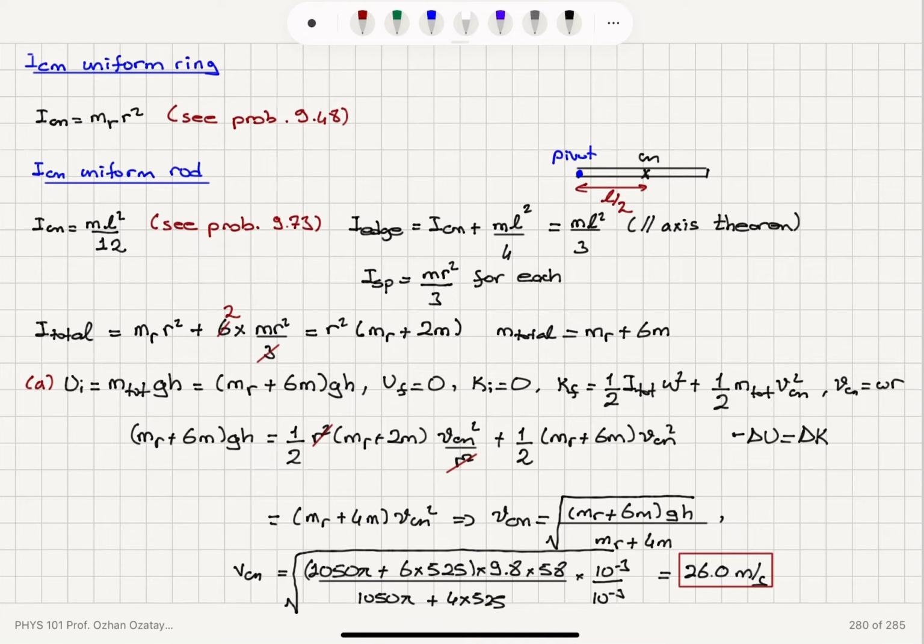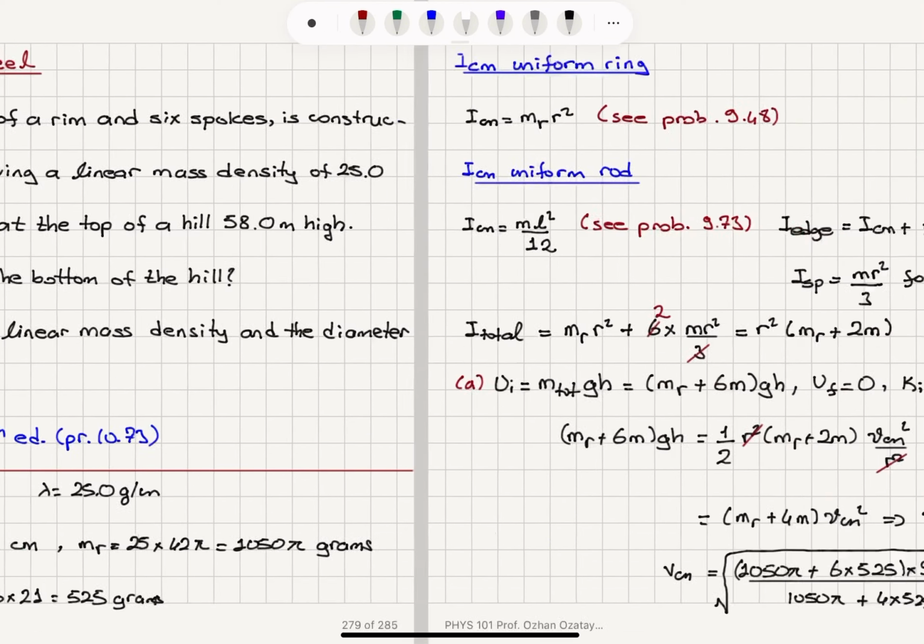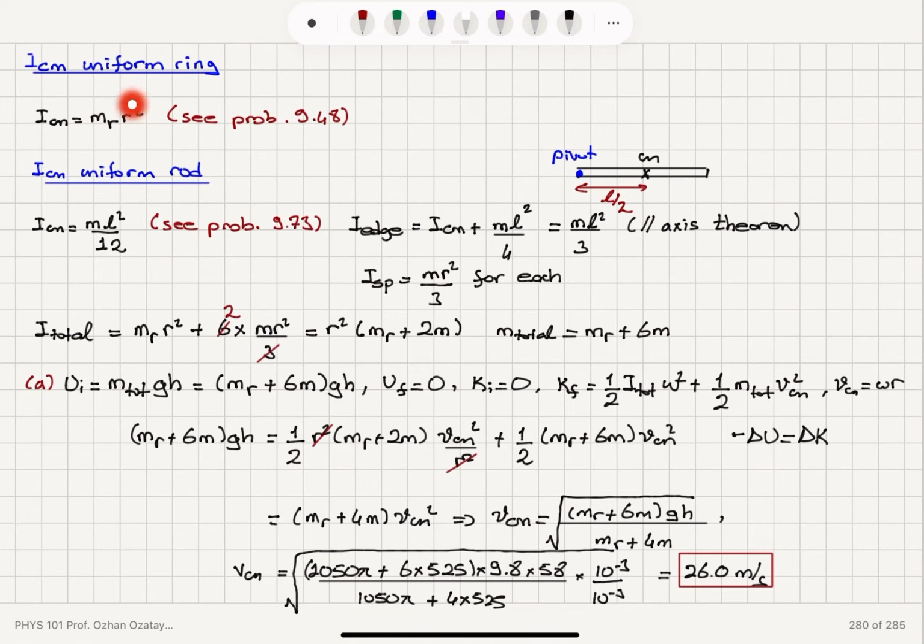Now for rotations, the moment of inertia about the center of mass of a uniform ring is the mass of the ring times r squared. This was done in problem 9.48. For the uniform rod, the moment of inertia for rotation about the center of mass is m L squared over 12.